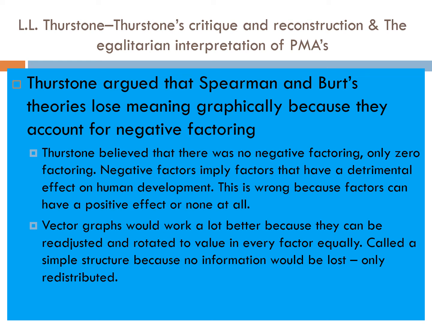This is wrong because factors can have a positive effect or no effect at all, according to Thurstone. So vector graphs would work a lot better because they can be readjusted and rotated to value every factor equally. He called this a simple structure because no information would be lost, only redistributed within the graphical system.